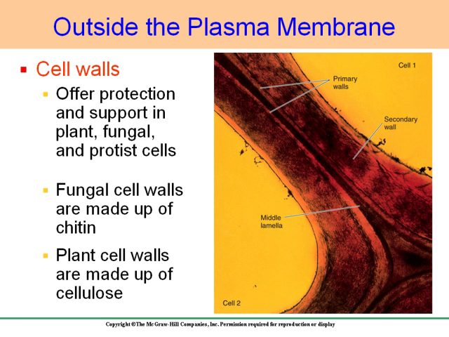You can see here that we're going to have what are called primary walls as well as secondary walls. And what we have in between the cell walls is something called the middle lamella, which acts as a glue so that the cells will stick together.